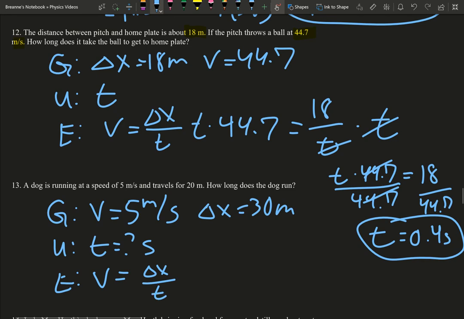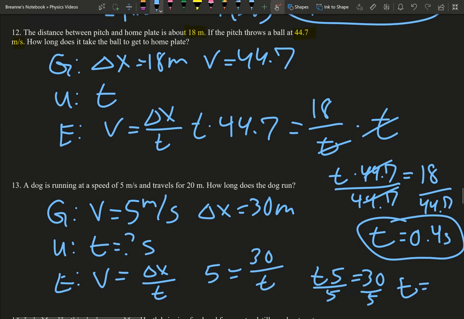We just plug in. So in this case, it's 5 equals 30 divided by t. We have to manipulate the t again to get t times 5 equals 30. Divide by the 5. So we get t equals 30 divided by 5, which should give you 6 seconds. There we go.